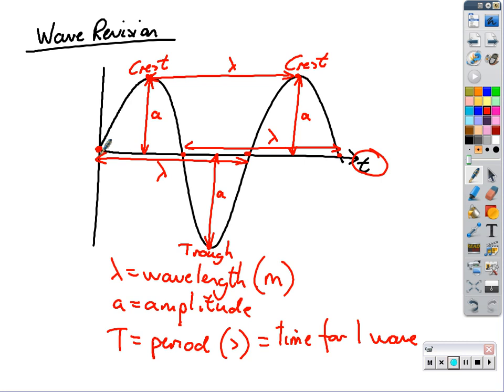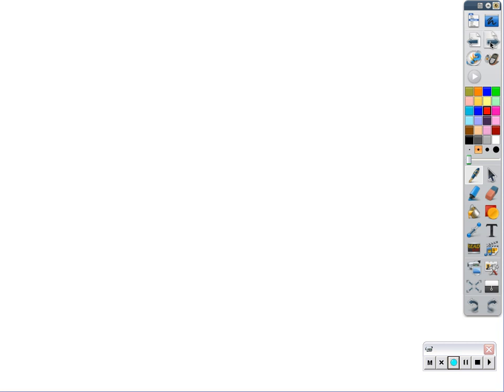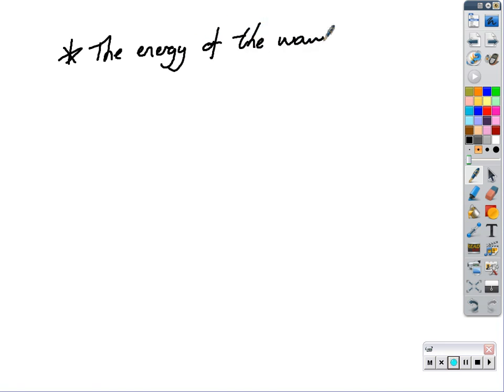Okay? Right, so let's just summarise a couple of those things I've just said. First one is the amplitude is how big, how high the wave is and how much energy it has. So the energy of the wave depends on the amplitude of the wave. So things to note are the energy of the wave depends on the amplitude.